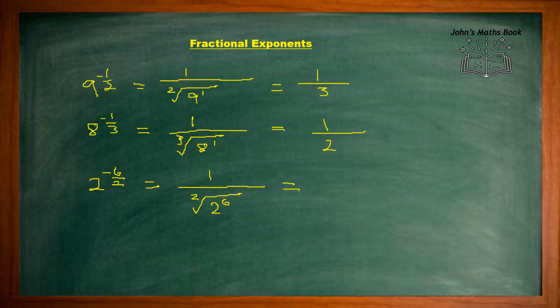So that is 1 divided by the square root. 2 to the power of 6 is 64. So the square root of 64, 64 is a perfect square, so the square root of 64 is 8. So that's 1 divided by 8. So that gives 1/8.